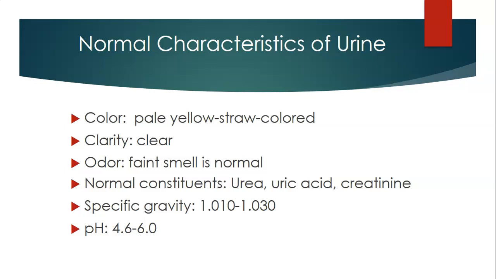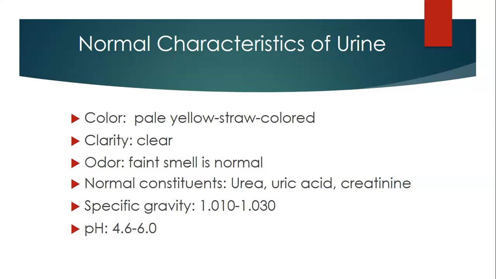Again, some normal characteristics of urine. In general, the color should be pale yellow to straw colored. It should be relatively clear. A faint smell is pretty normal. Everybody knows what pee smells like probably at this point in our lives. Normal constituents of urine, meaning the things that you're normally going to see in urine if you analyze it, will be urea, uric acid, and creatinine.